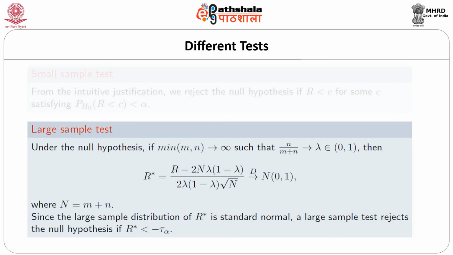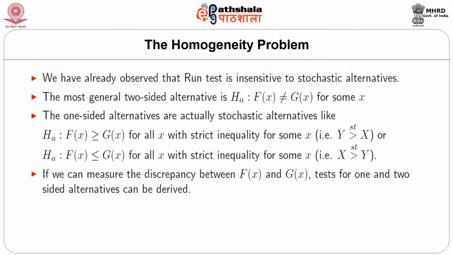Then a large sample distribution of r star can be used to get a large sample test, and a large sample test rejects the null hypothesis if this r star is less than minus tau alpha.